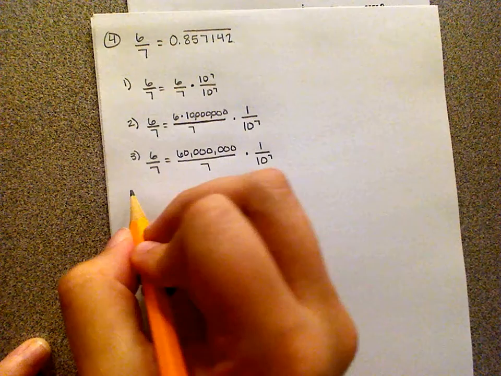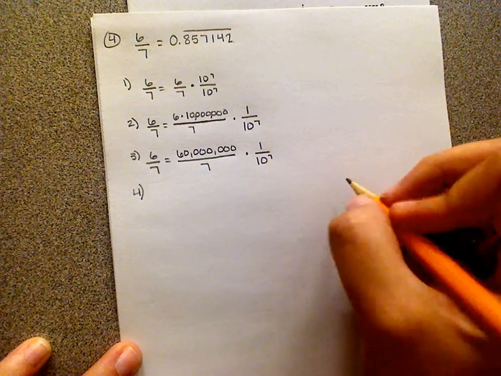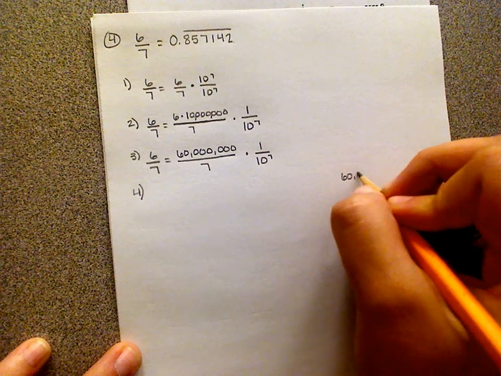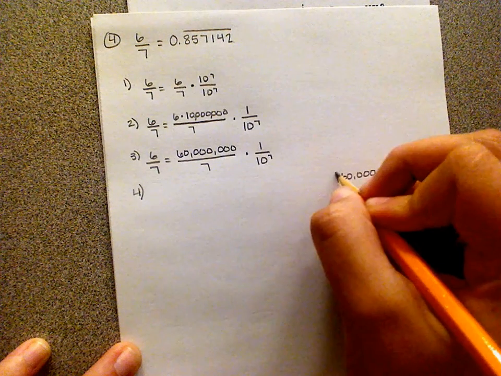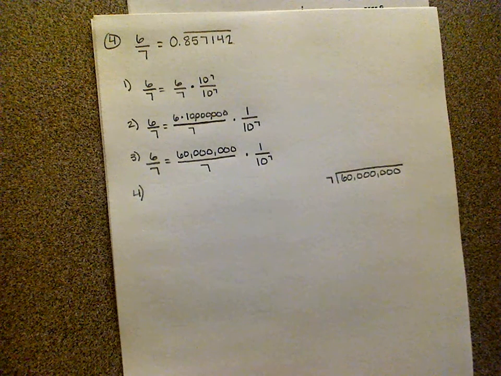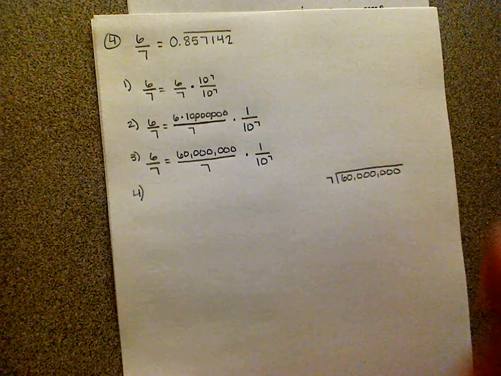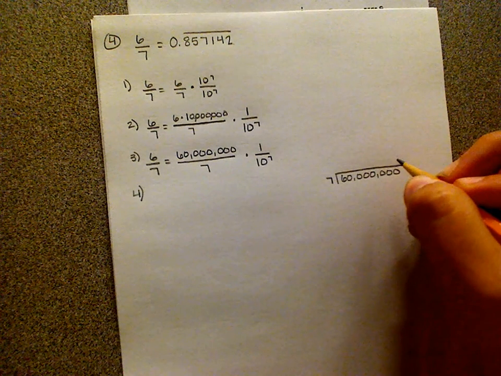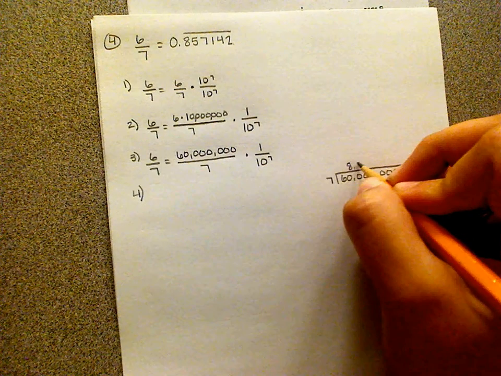And then step 4 starts all that stuff that we did last week. So we have 60 million divided by 7, and I'm going to type this in my calculator, and I get 8,571,428.